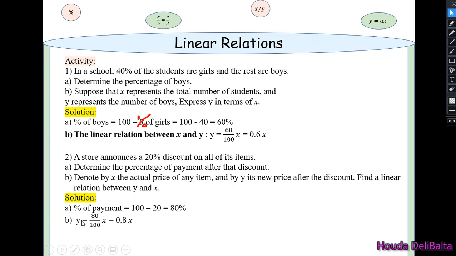That's what I care about, the percentage of payment, which is 80%, which means 80 over 100 of, meaning multiplied by the old price. 80 over 100 is 0.8, and thus Y equals 0.8x is the linear relation I'm searching for.